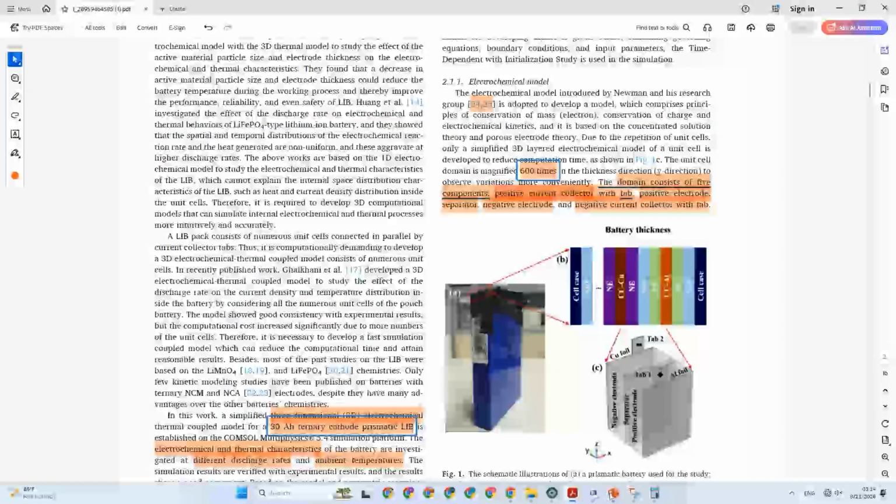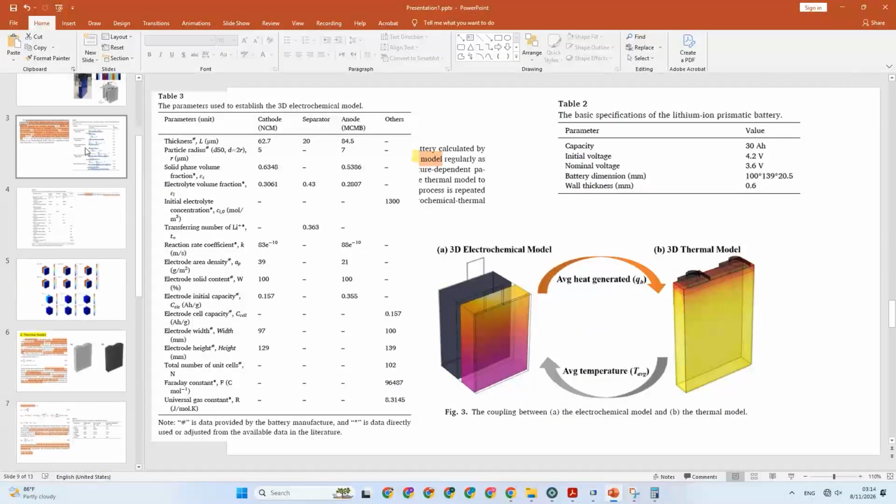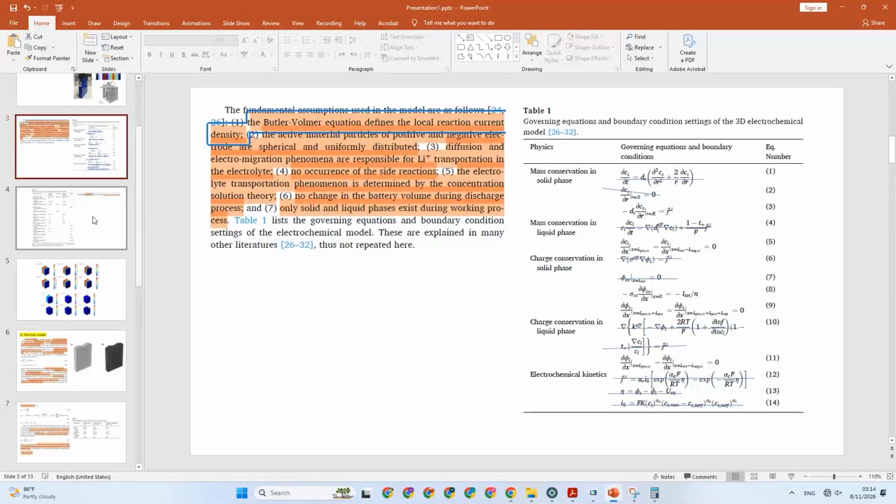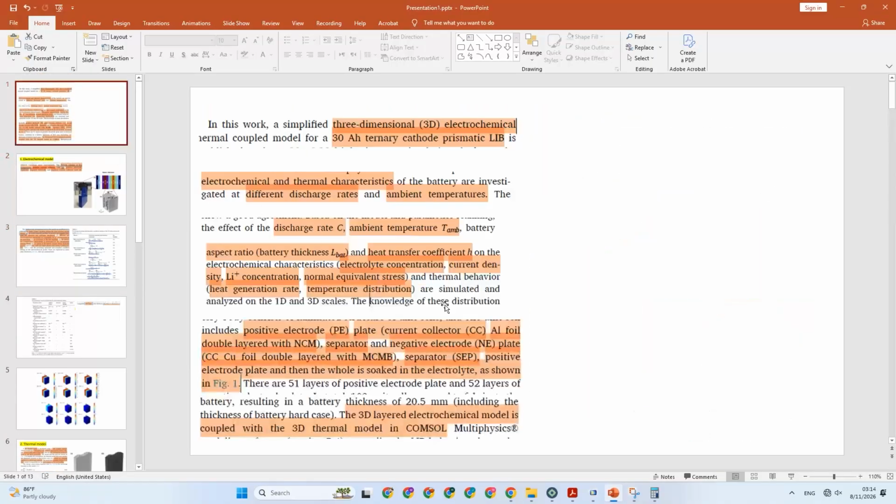If I write Al for cathode, and Cu for anode.